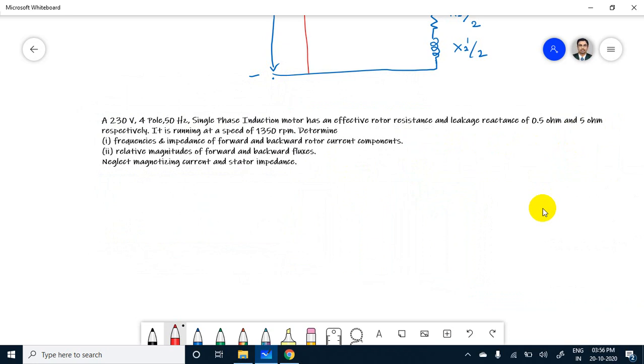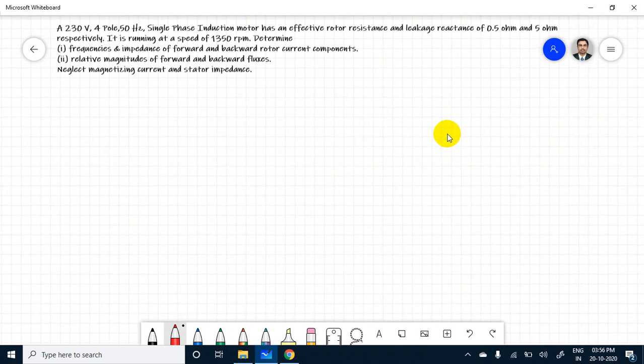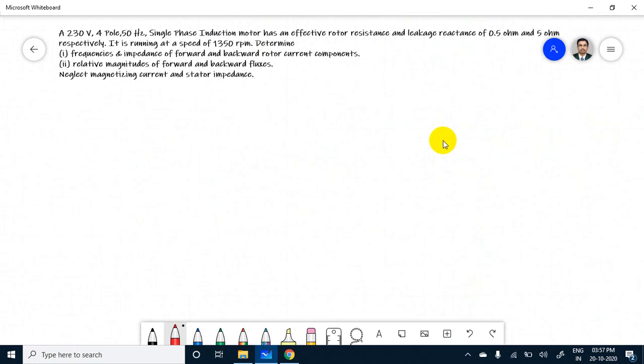First, solution. In solution, we have to write here. First, find out the frequency and impedance of forward and backward.